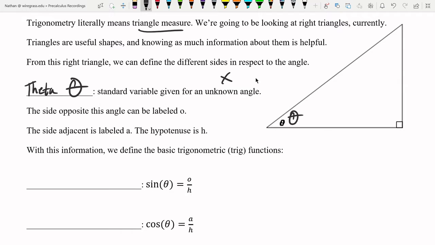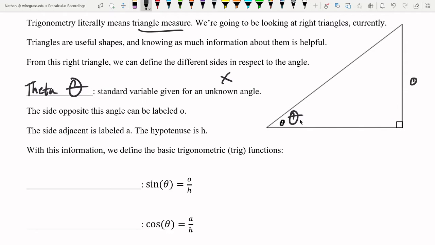And it's important to note that theta is normally designated as an angle. So if you see it, you should think of it as an angle, not as just a number. Now, the side opposite this angle, if you go from this angle and just draw a line out, is going to be labeled O for opposite, of course.